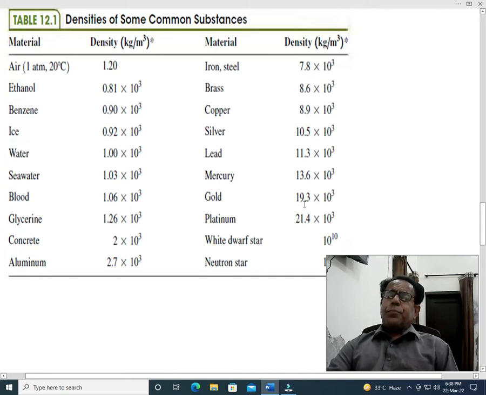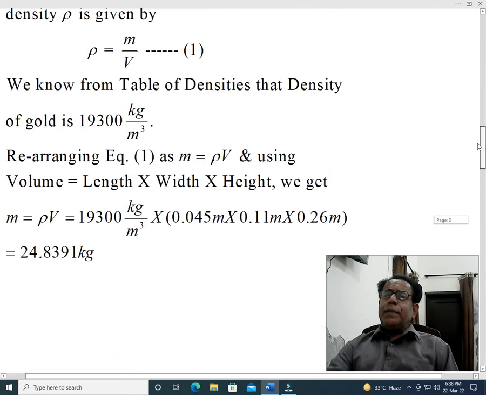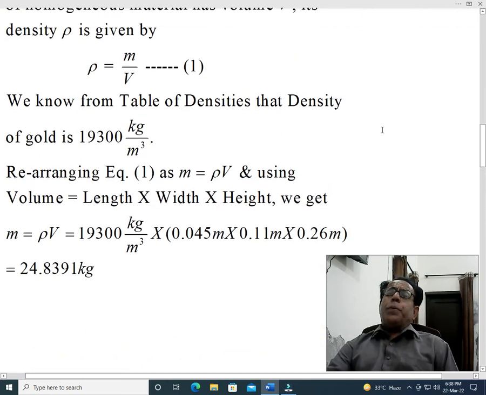In other words, we can write it as 19,300 kilogram per meter cube. So we have done so. We know from the table of densities that the density of gold is 19,300 kilogram per meter cube.